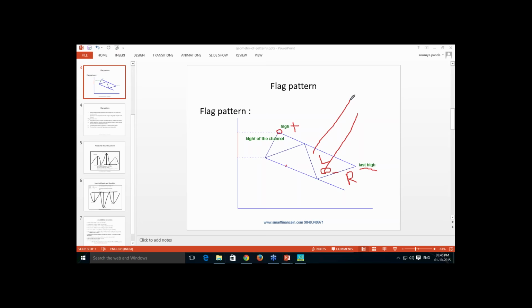So this is the flag pattern in the downward direction. This will be your second candle. From here you have to subtract the channel height to get the breakout, and from the lowest low, whatever it will be, you have to subtract the channel height to get the targets.